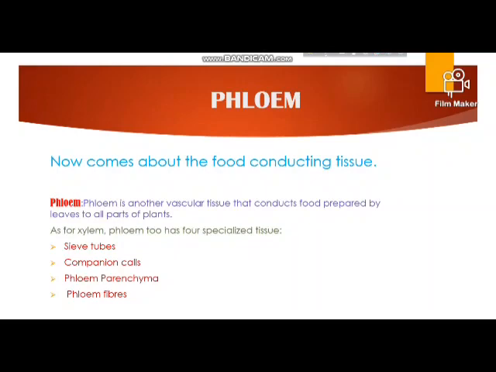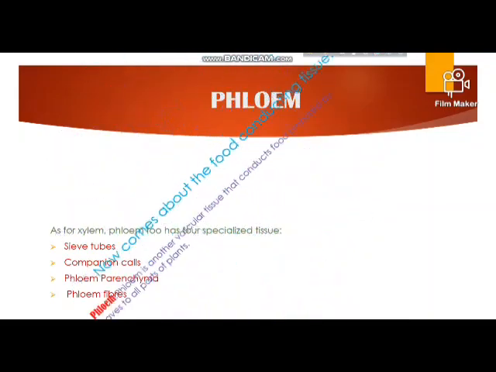As xylem has four specialized tissues, the phloem too has four specialized tissues: the sieve tubes, the companion cells, the phloem parenchyma, and the phloem fibers. Just as xylem tissue consists of four different cells with different functions, the phloem too has different functions for its four specialized cells.